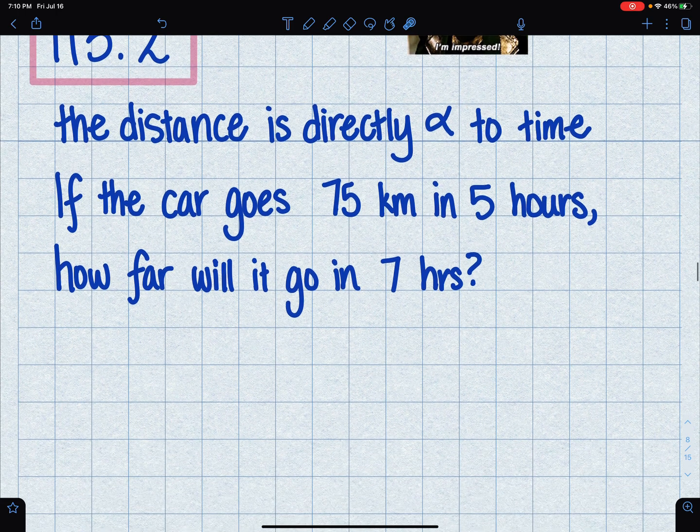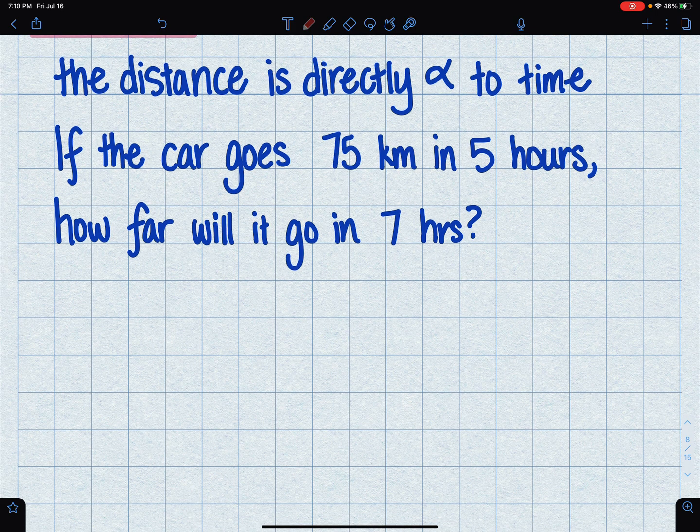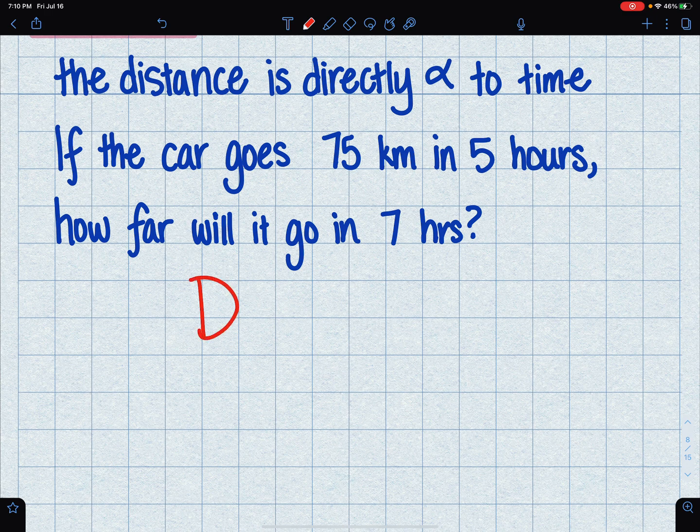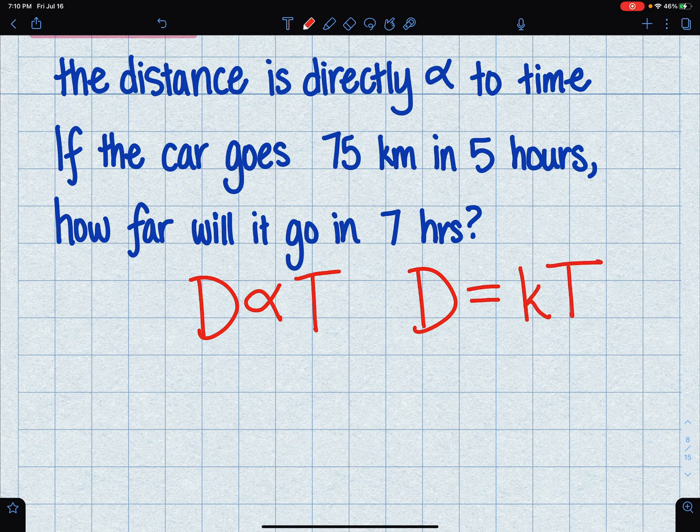Okay, so let's turn that into an equation. So let's do distance. I could do this, distance is proportional to time, or I could say distance is equal to a constant times time. Either one of those means that if time goes up, distance goes up.